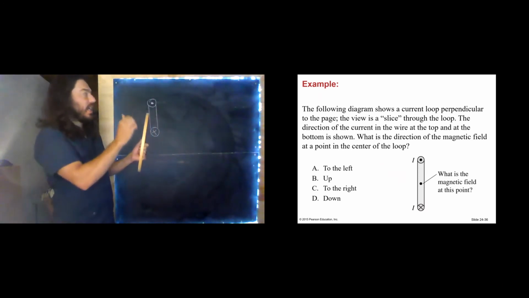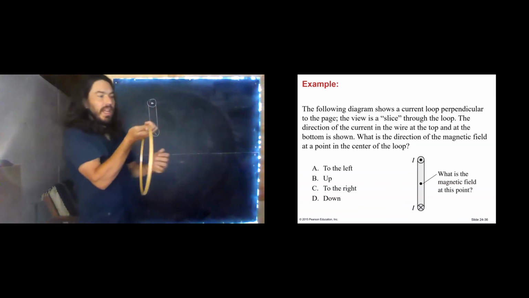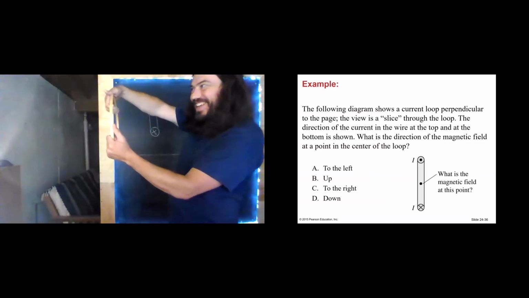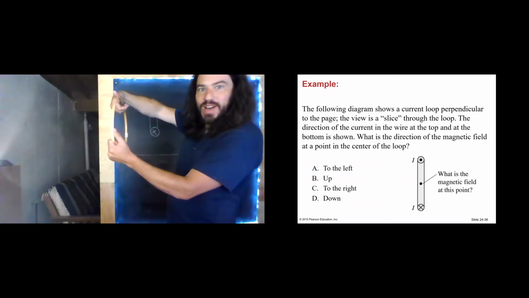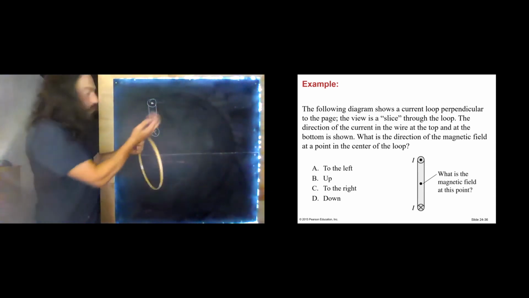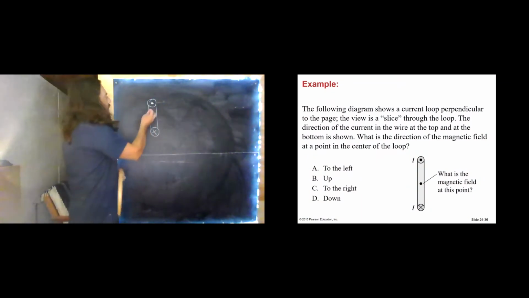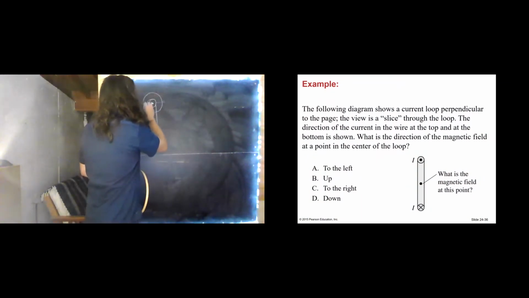Okay, so again, going towards me on the top of the loop, and I guess I'll go over here in the other direction on the bottom of the loop. Save me some wrist strain. Okay, so again, what did we just observe? We just observed a field that is wrapping around like this.